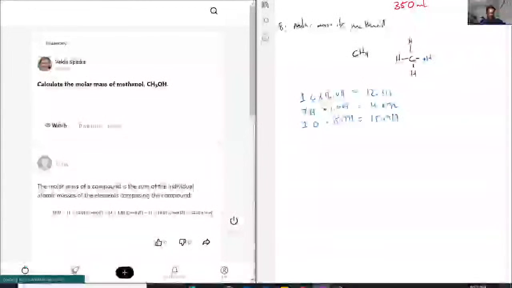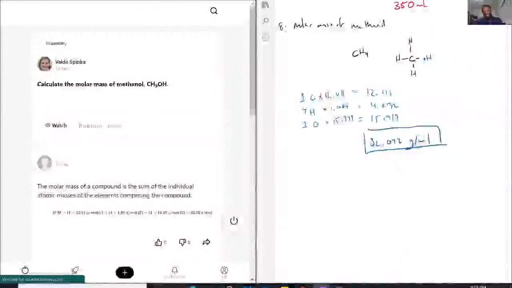That's why. I thought I put a 4, but my calculator said 1. There we go. And we get 32.042. And you cannot forget your units, grams per mole. That is always very crucial. And now, that will be our molar mass of methanol.